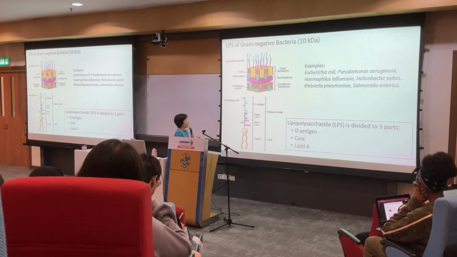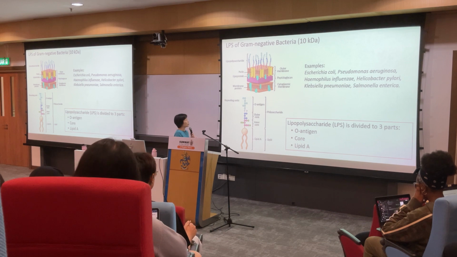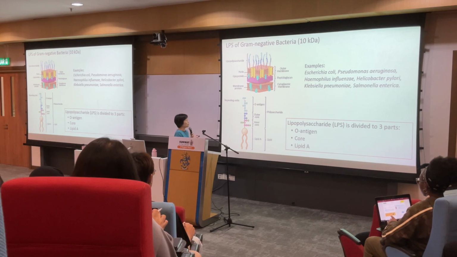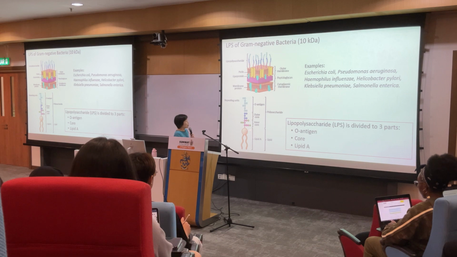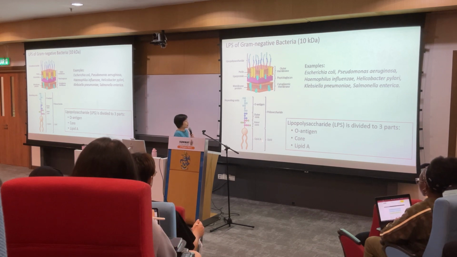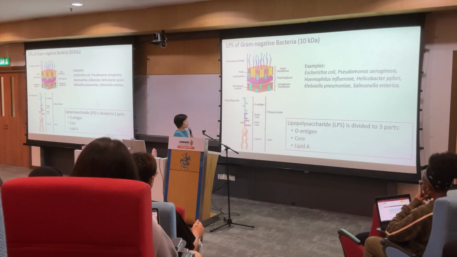And O antigens and the core, they are polysaccharide, meaning that each of this structure here is a sugar unit. They are the carbohydrate, and they make such sugar units into a chain, called polysaccharide. It's a polymer. Here, lipid A, different from the other two, it is a lipid. And why does it have to be a lipid?